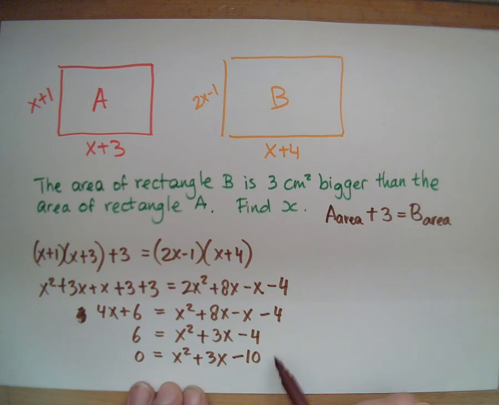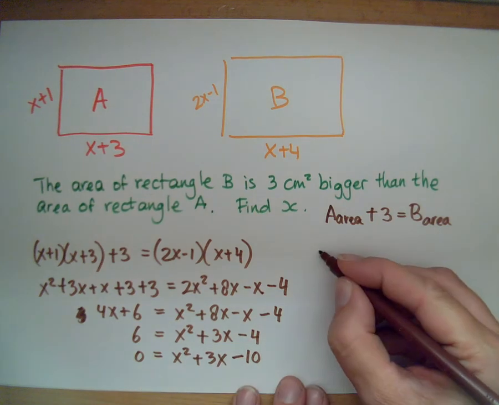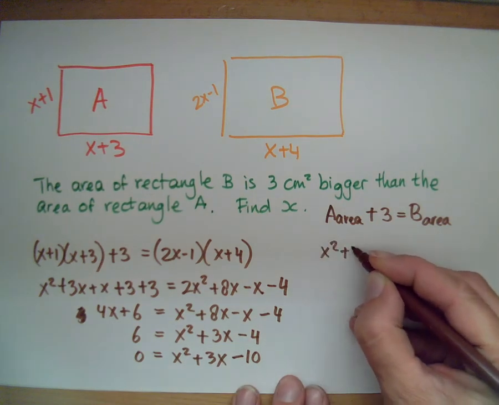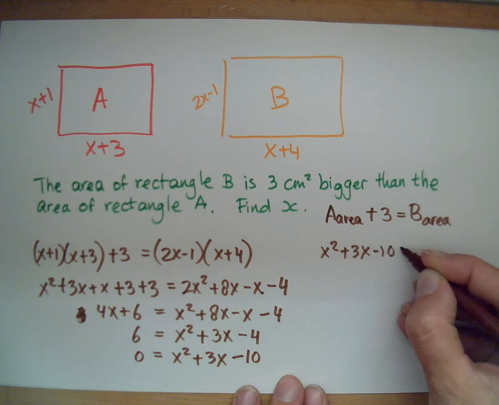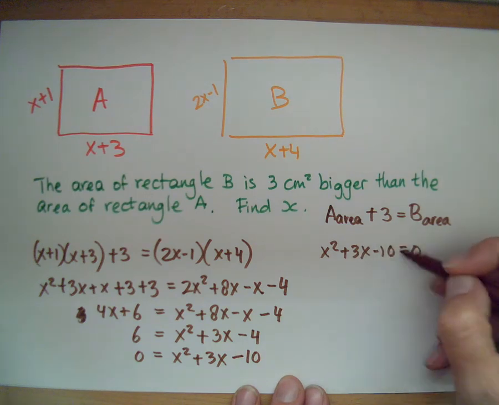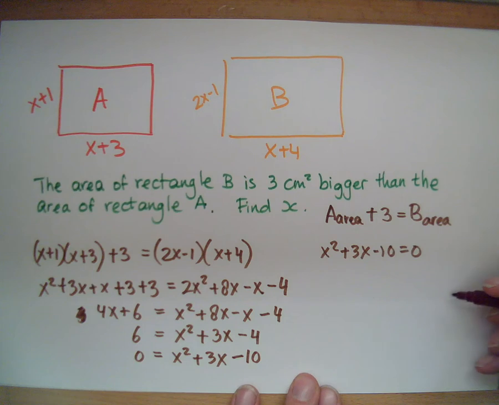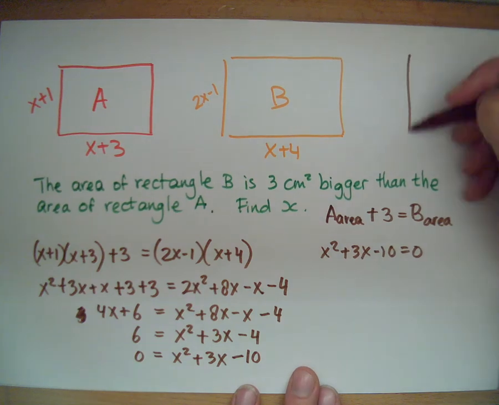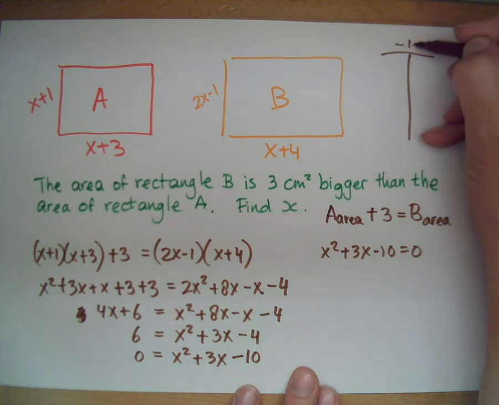Now I'm going to factorize this. Let me rewrite it here. X squared plus 3x minus 10 is equal to 0. Let's list the factors of negative 10.